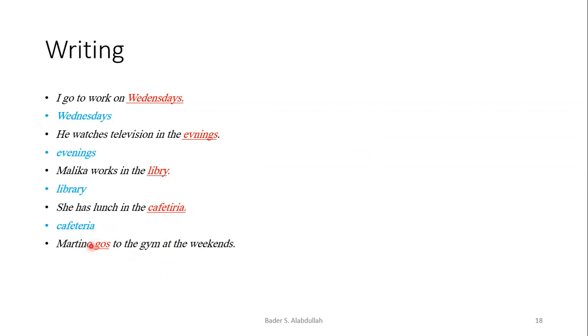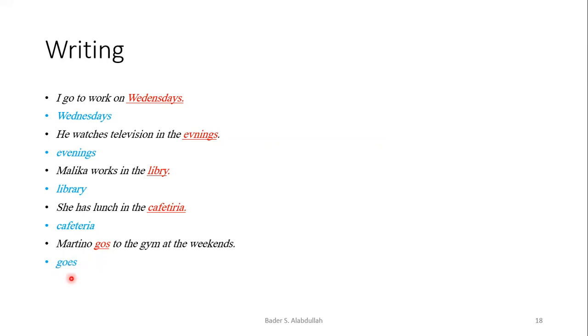And I mentioned this one in our very first lecture. I said when you write the verb and you add the third person S, you have to check, because sometimes we add ES, not just S, like in this one. Martino goes. Goes is G-O-E-S.